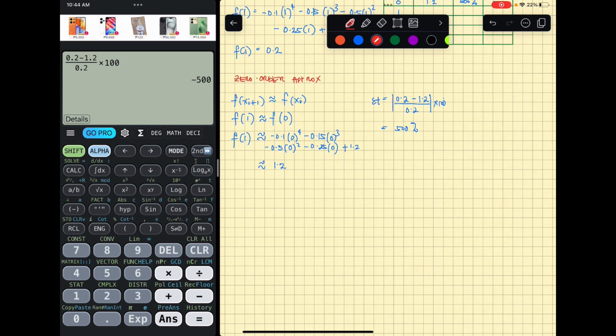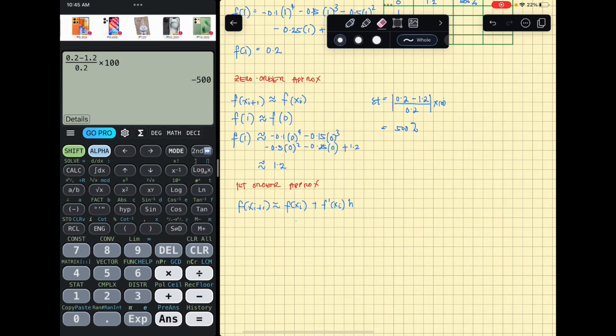Next we have the first order. For the first order approximation, f of x sub i plus 1 is approximately equal to f of x sub i plus f prime of x sub i times h. Before I do that, let me first get f prime of x sub i.